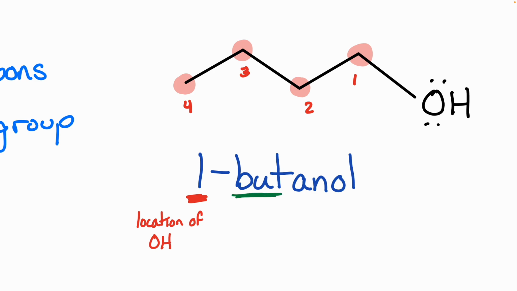The but is because we had 4 carbons. We said that alcohols get that OL ending. So what about the AN in this name? It's not just butol, but butanol. That's because this molecule here has all single bonds.